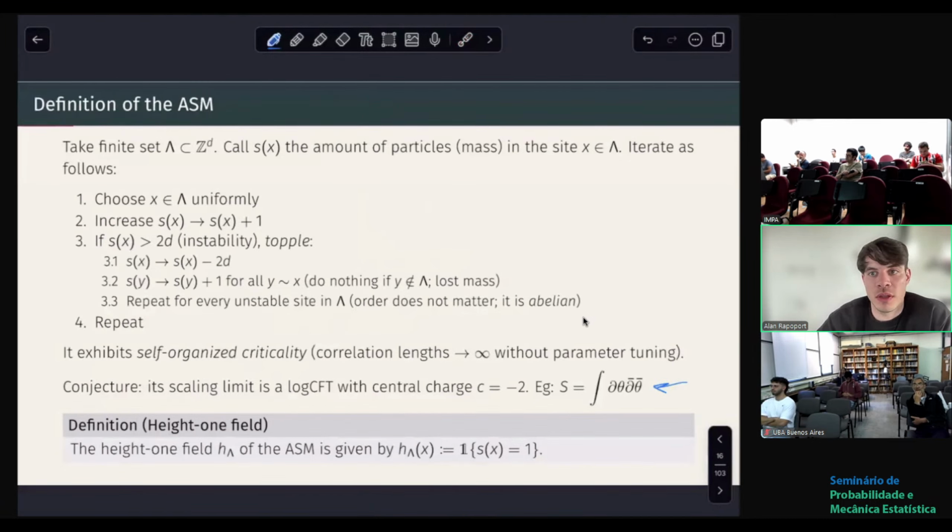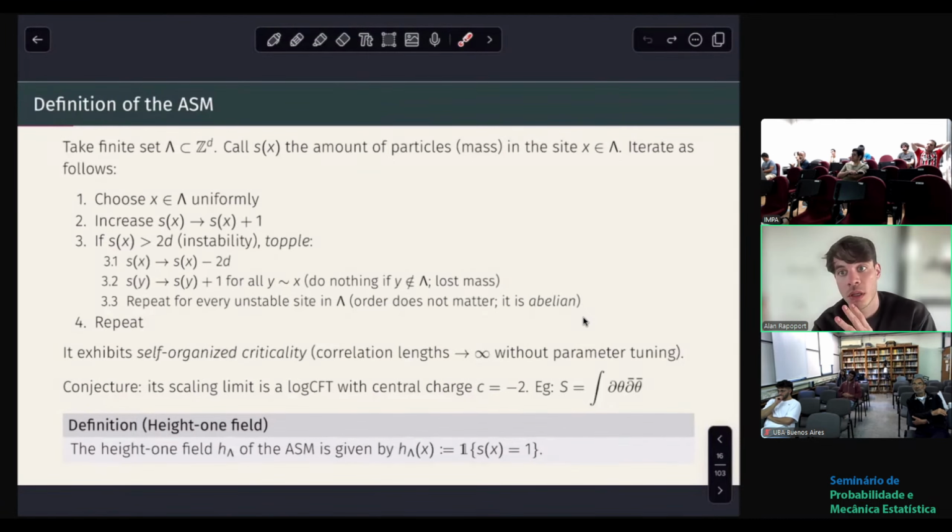Now, if you want to study the whole theory, I need to be careful with what I'm saying because I don't know that much about CFT. But as far as I understand, proving that this converges to some CFT means the whole Abelian sandpile converges to it, and in particular every single observable converges to one in a CFT, but height one is only one observable.